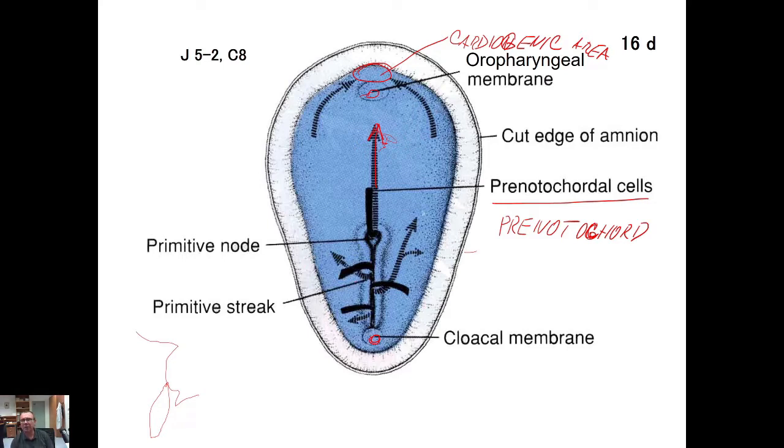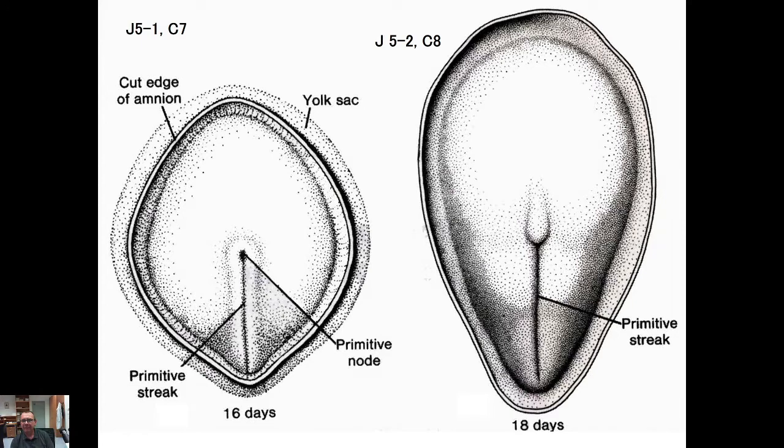But let's finish gastrulation. Cells are migrating and filling the space between ectoderm and endoderm. The whole embryonic disc is changing its shape. At the end of the second week and at the beginning of the third week, it was circular, let's say. Before the formation of the primitive streak, it wasn't possible to recognize the future left, right, cranial, caudal end. Now, after the formation of the streak, it is possible. We know that here will be the caudal end, so logically here must be the cranial end of the disc.